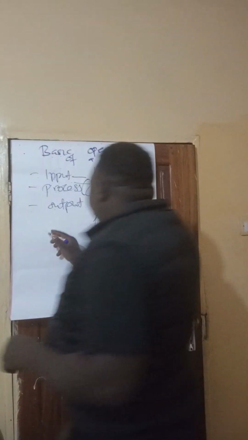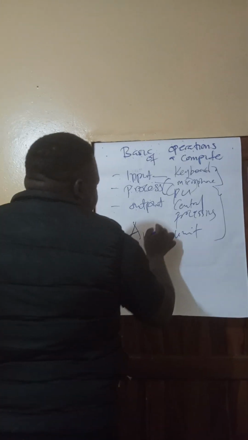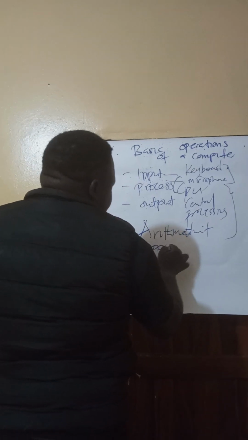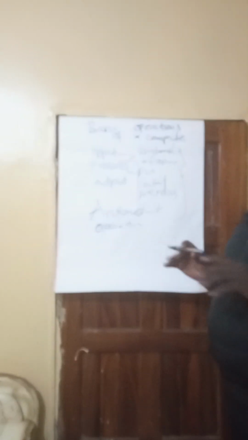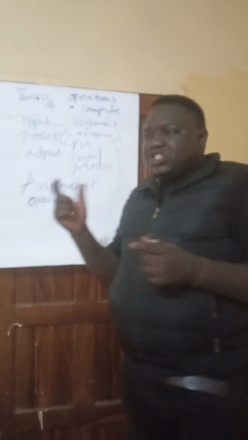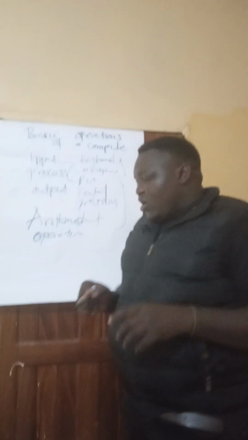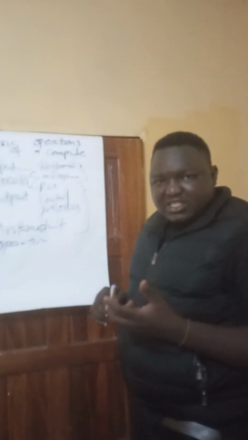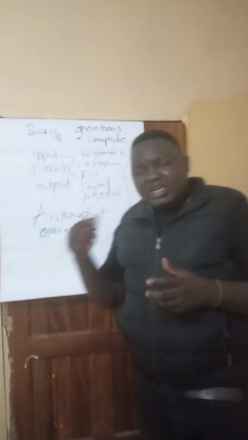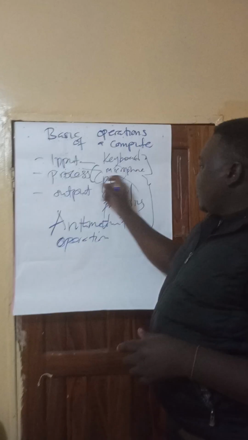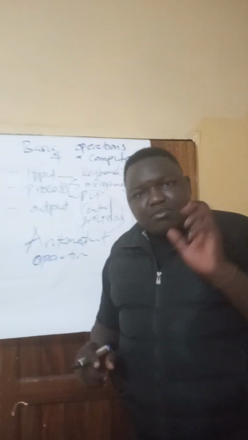One of them is the arithmetic operation, where we're looking at the calculations which take place in a computer. For instance, take a calculator: the arithmetic, the mathematics, addition, subtraction, multiplication, all that happens in the central processing unit.